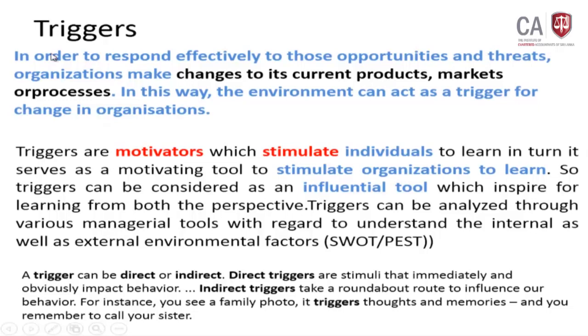So it means that in order to respond effectively to those opportunities and threats, an organization makes changes to its current products, markets, and processes. In this way, the environment can act as a trigger for change in the organization. As I said, what triggers you to become an accountant, likewise, what environment factors trigger change in the organization?